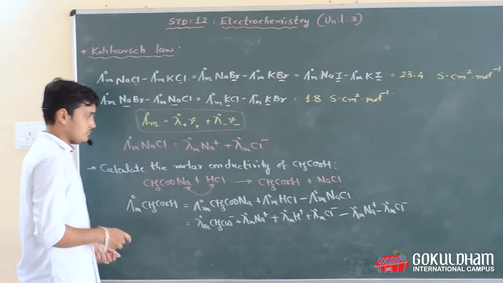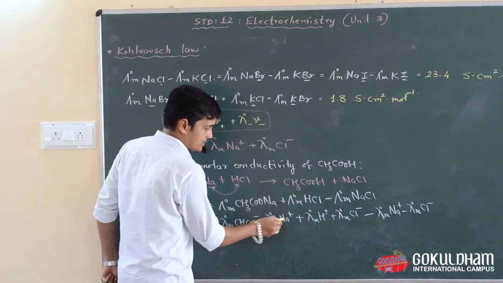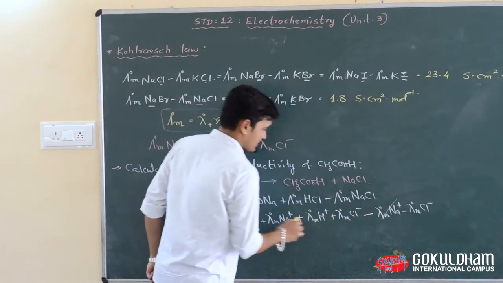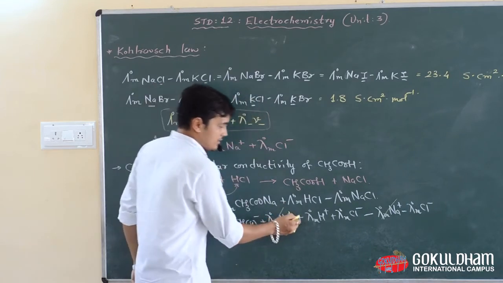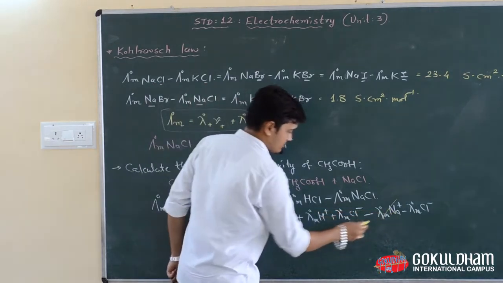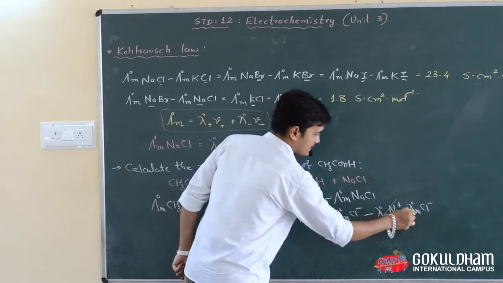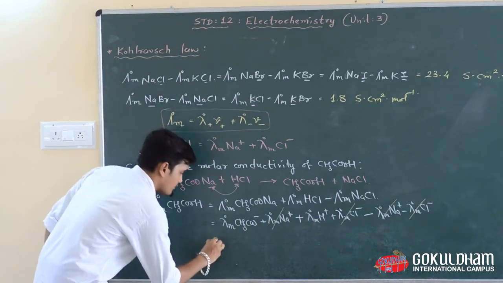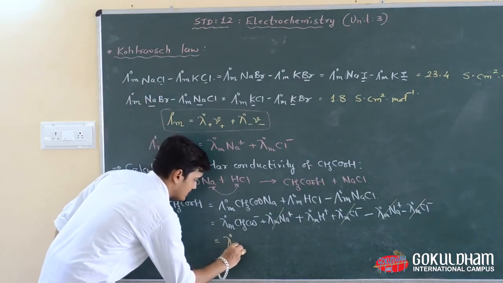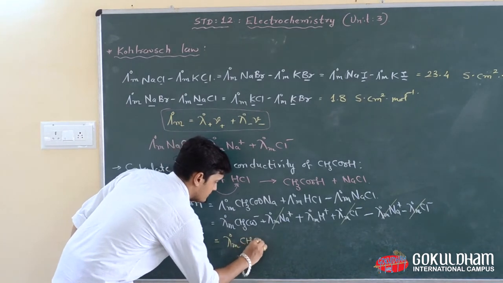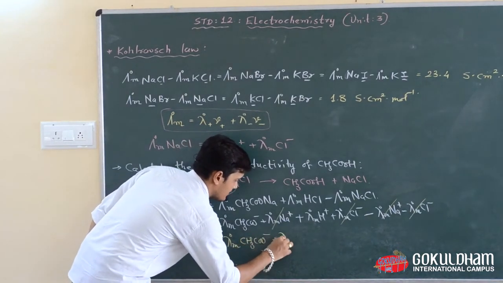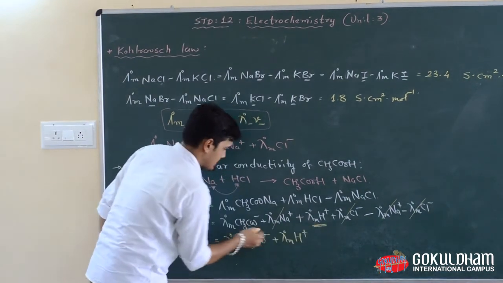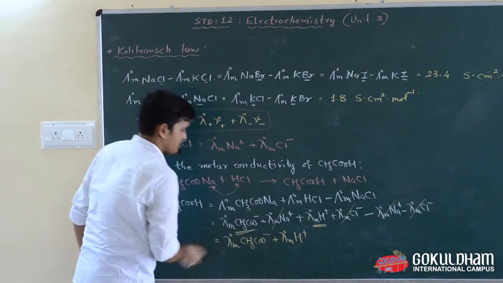Now this plus Na plus and this minus Na plus will cancel out. This plus Cl minus and minus Cl minus also cancel out. So you have lambda 0 m CH3COO minus plus lambda 0 m H plus, which is the first part, and this is our second part.